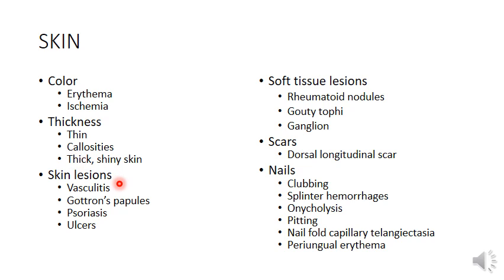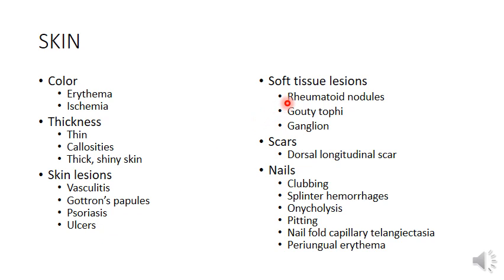and the skin lesions. Look for vasculitis, Gottron's papules, which is an indicator for dermatomyositis, and psoriasis, in which there would be scaly skin lesions over the dorsal aspect of the hand, and ulcers.